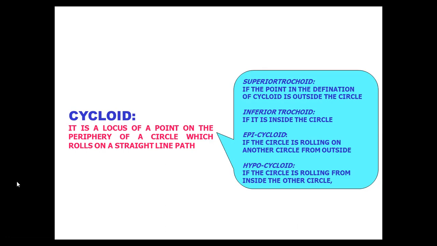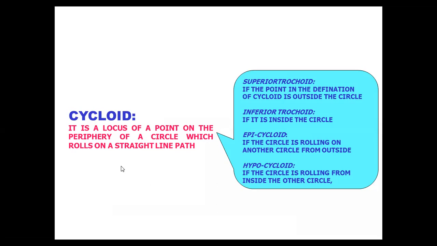Yes. Thank you. So now cycloid. What is cycloid? First of all, cycloid is the locus of a point on the periphery of a circle which rolls on a straight line path. Now the best example of this is a tire of our vehicle.